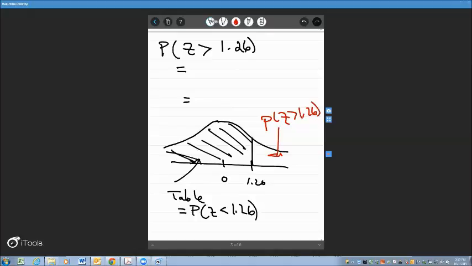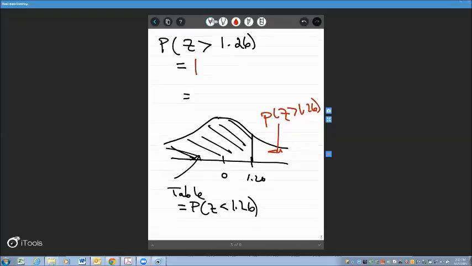How can we use the table then? Well, we know that the total area under this curve is 1. So we know that the probability of being bigger than 1.26 is the same thing as 1 minus the probability of being less. That is 1 minus the probability of being less than 1.26. So we'll look on our table for 1.26.